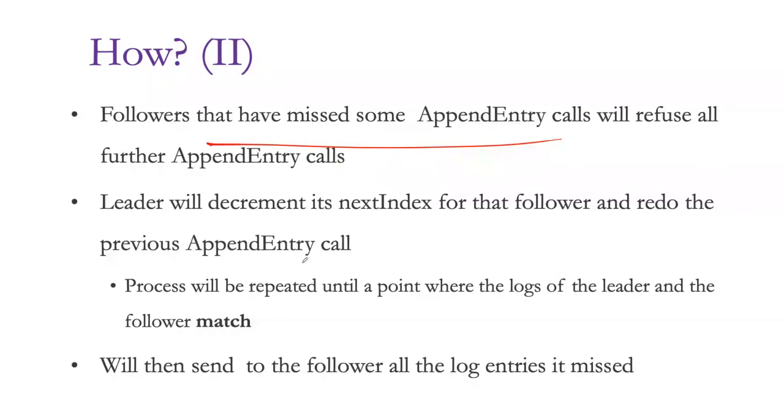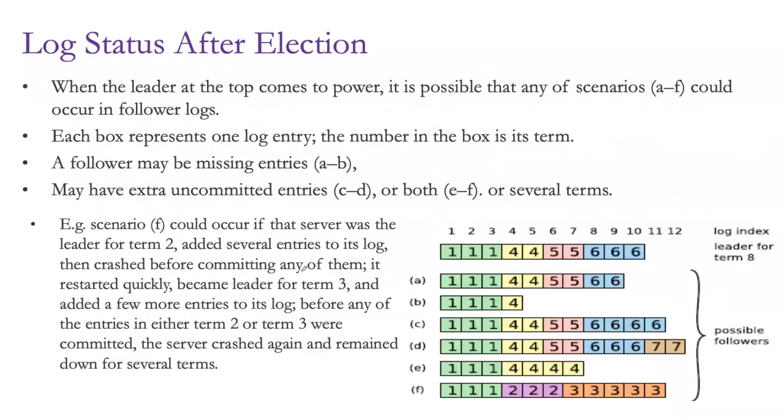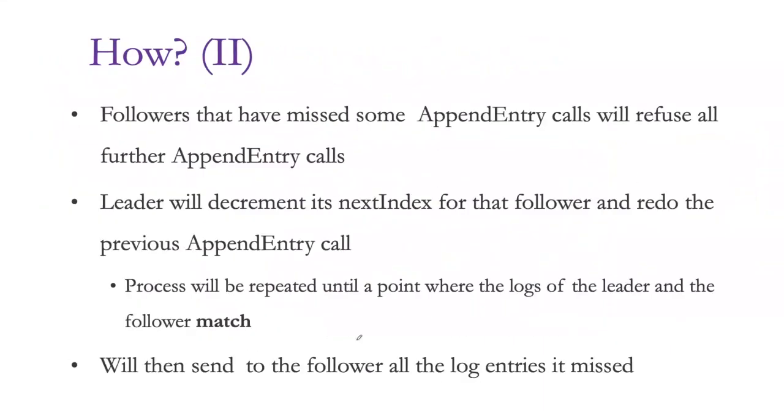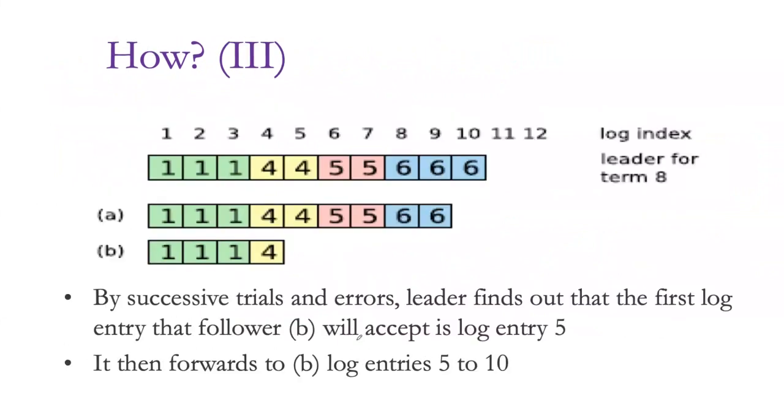For example, suppose F is a follower when D becomes the leader. Then F tries to replace all the entries from term 2 to term 3 with the entries of server D up to this point. So there will be a complete replacement. This is the replacement process that we have seen.